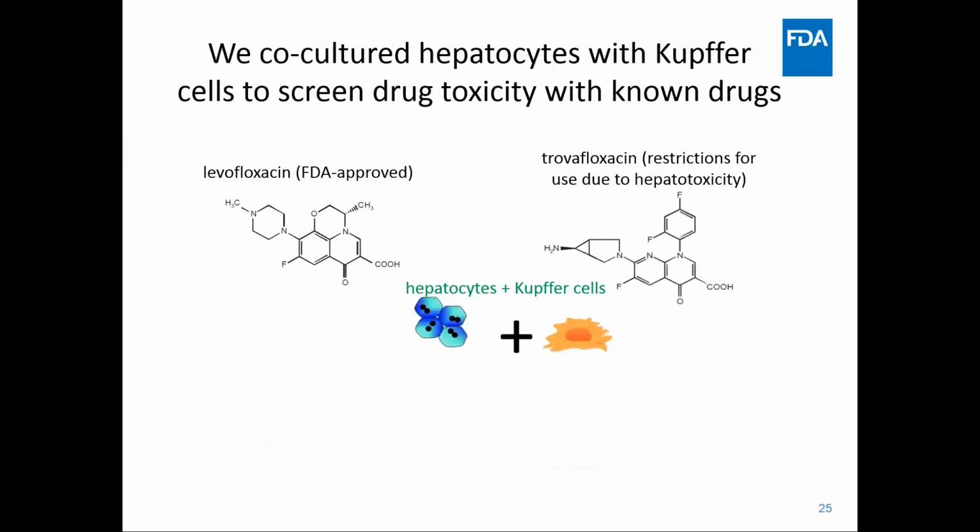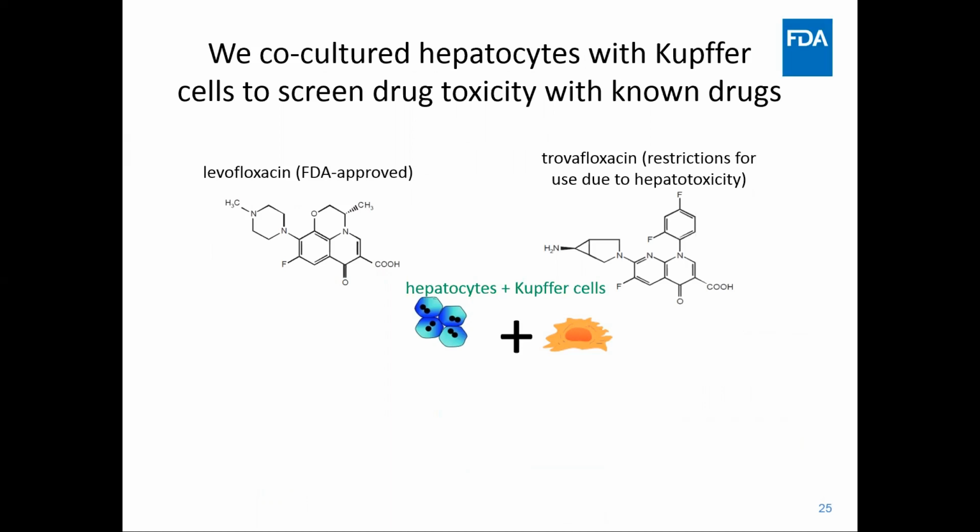I'm just going to give a specific example of a study that we did in our lab where we looked at co-cultures of hepatocytes and Kupffer cells to look at drug effects that are toxic and involve an inflammatory setting. Trovafloxacin is an FDA-approved drug.